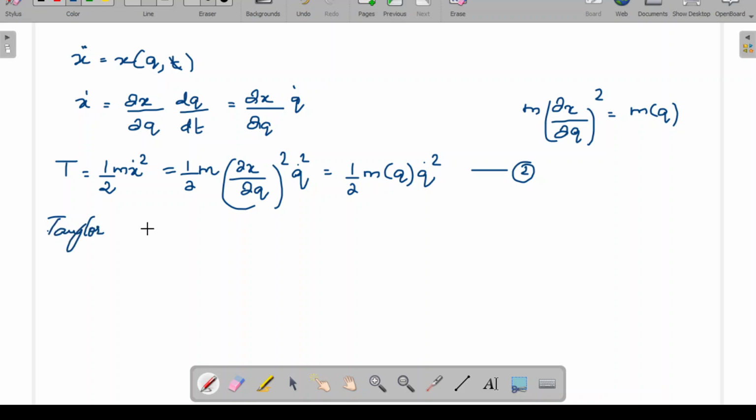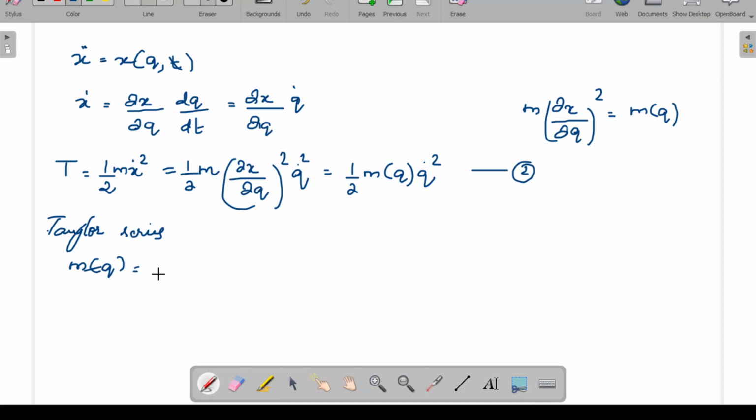This m of q is not exactly the mass; we understood that it is also a function of q. Earlier the potential energy was a function of q, and we expanded the potential energy about the equilibrium position in terms of Taylor series. Similarly, using Taylor series, I am going to write this m of q about the equilibrium point.